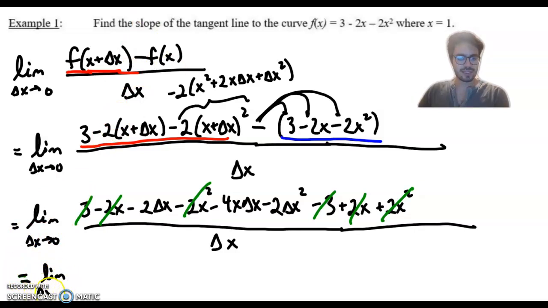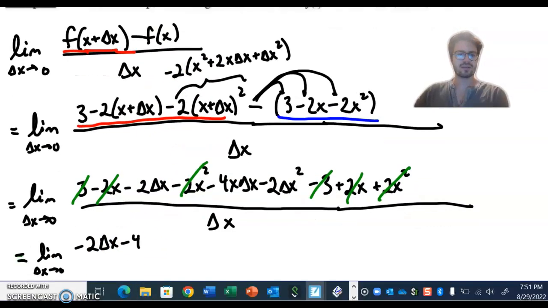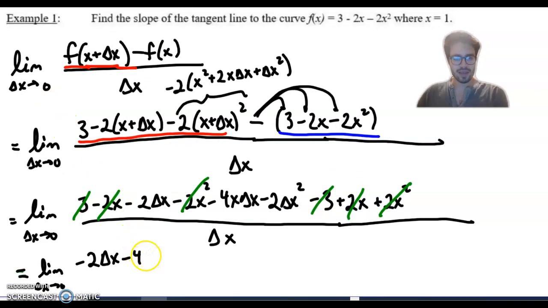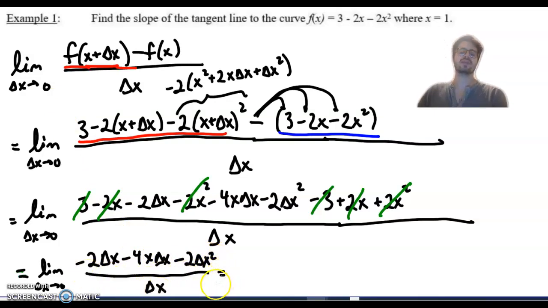Limit as delta x approaches 0 of negative 2 delta x minus 4x delta x minus 2 delta x squared over delta x. This still is a problem because I'm going to plug in the 0 here, but watch how I'm going to get rid of this delta x.